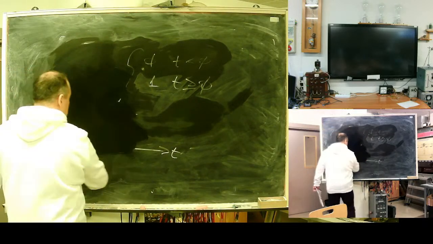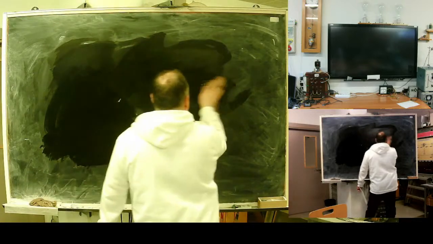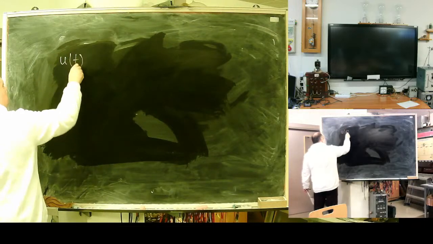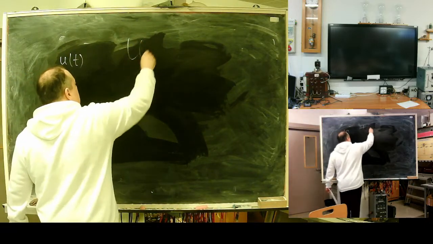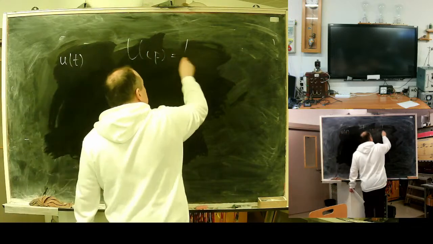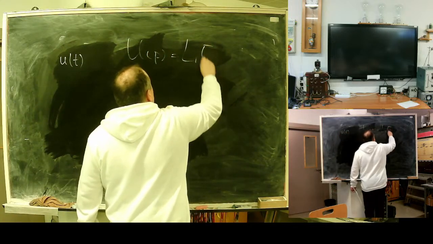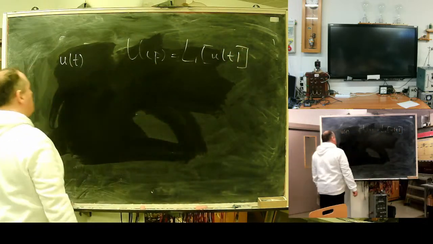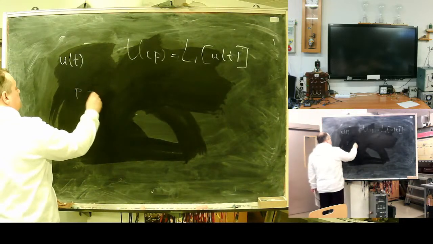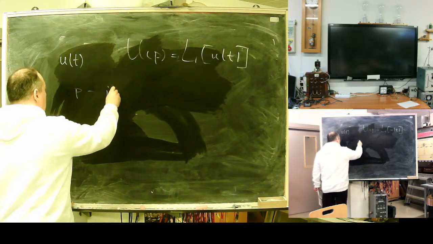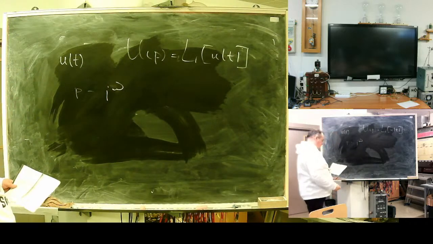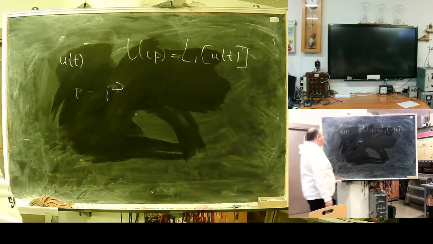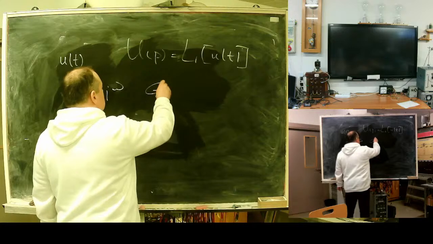Next important remark. If you have a Laplace transform and you substitute p with jω, what will you get? You will get the spectral function.